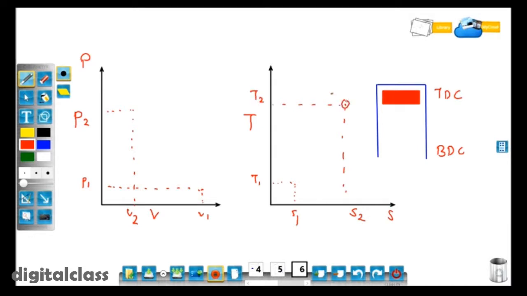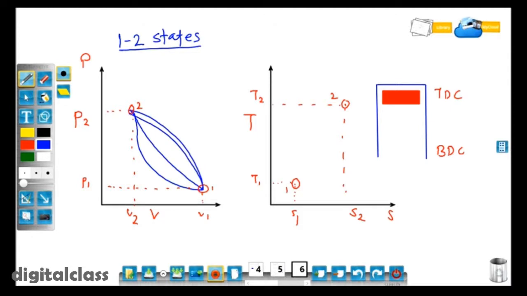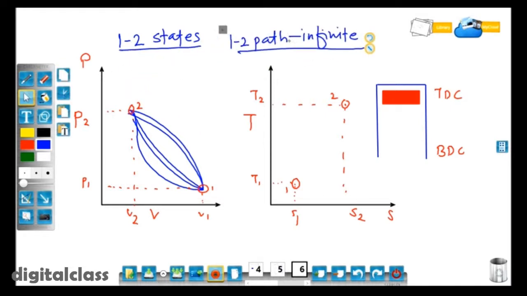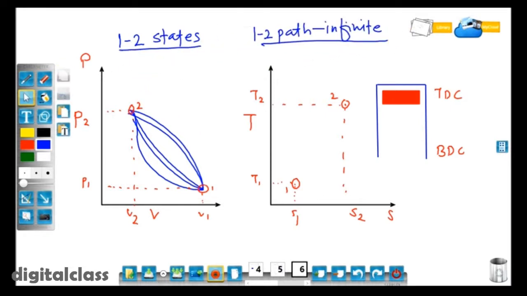So point 1 corresponds to BDC and point 2 corresponds to TDC. 1 and 2 are the states of the system, and there are a large number of paths we can draw between 1 and 2, means there are infinite paths, and these paths are called processes.